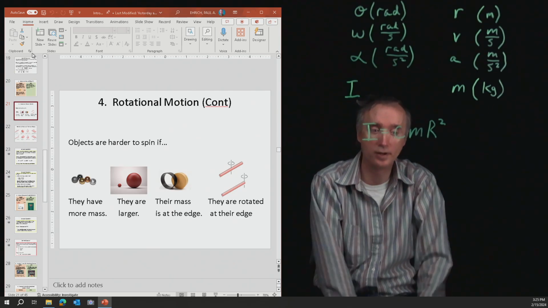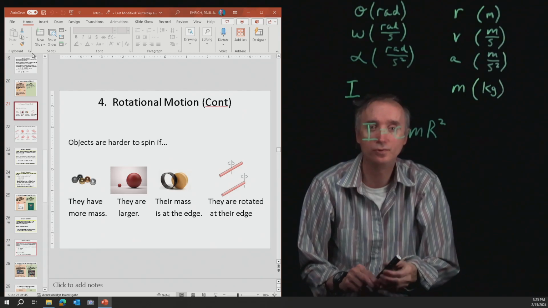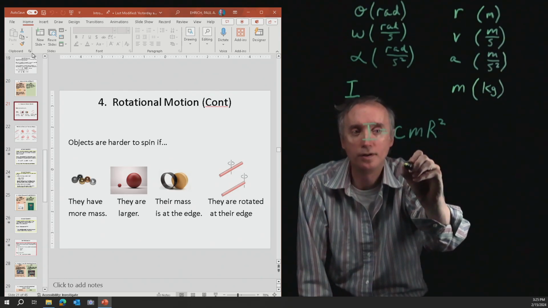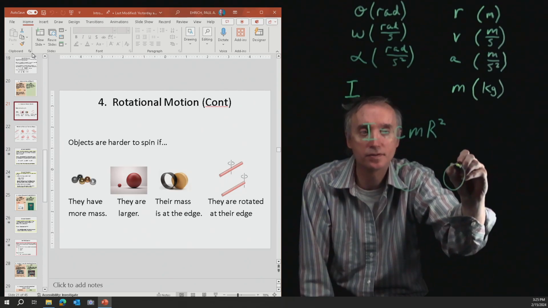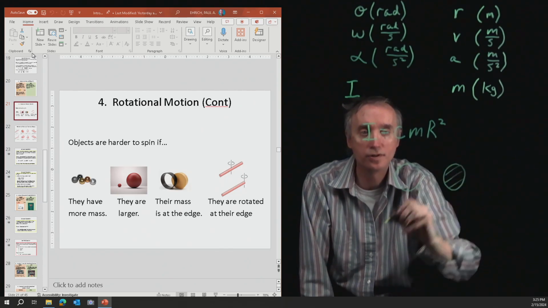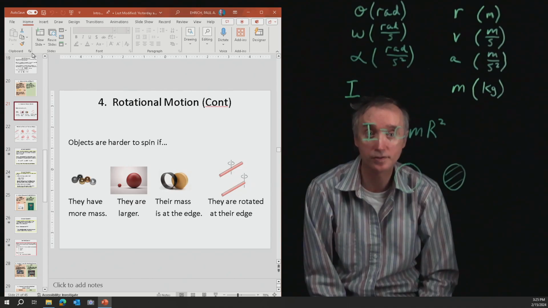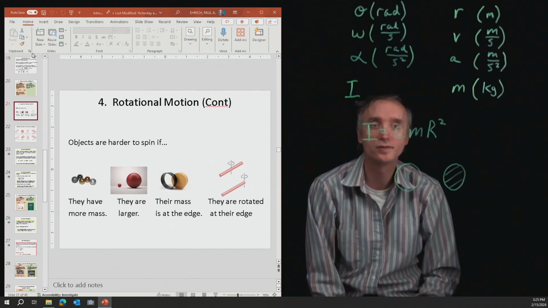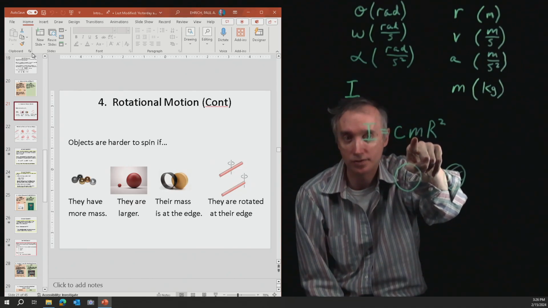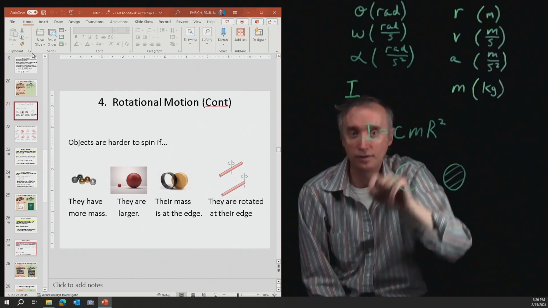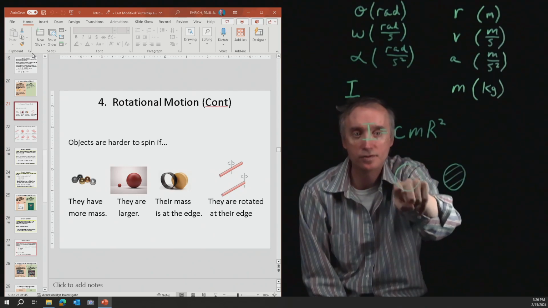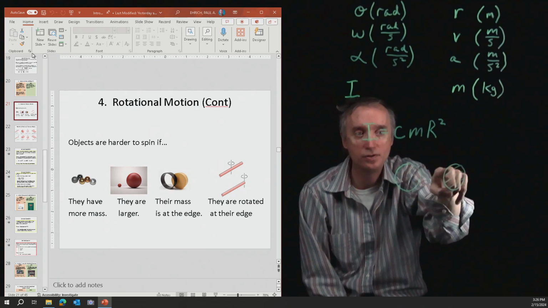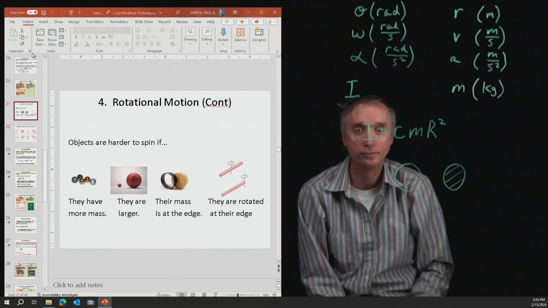Okay, the third picture shows two objects. One is a ring, and the other one is a disc. You notice they both have the same radius. They're both designed so they have the same mass. The difference is the mass is at the edge of this one, and the mass is uniformly distributed in that one.